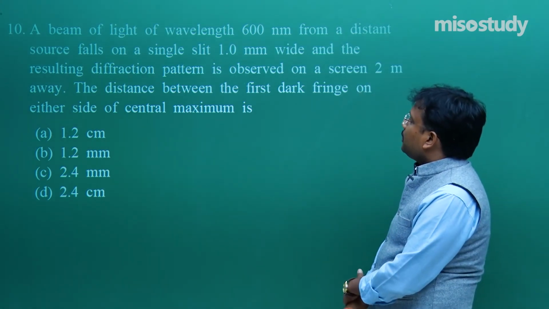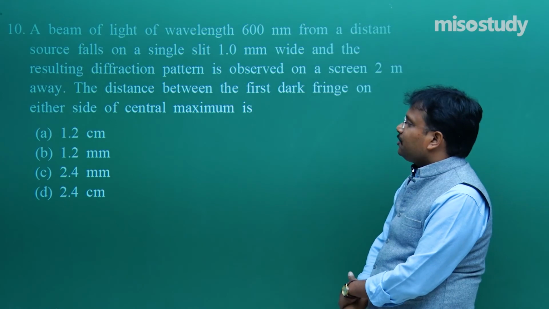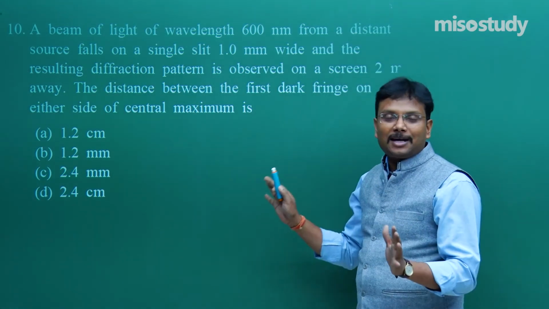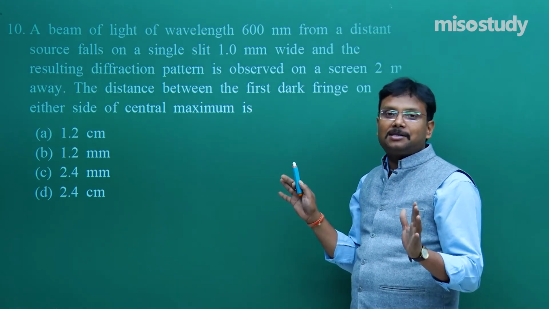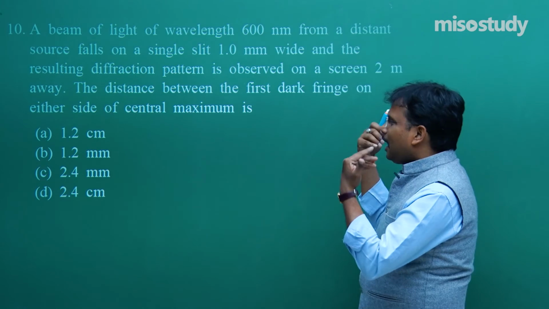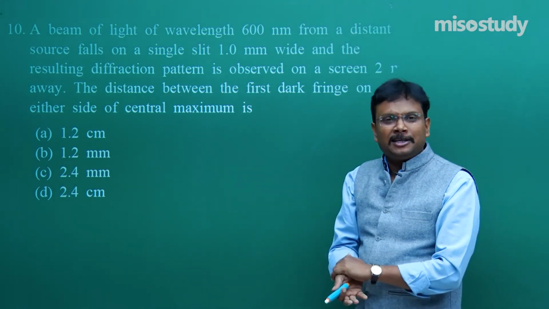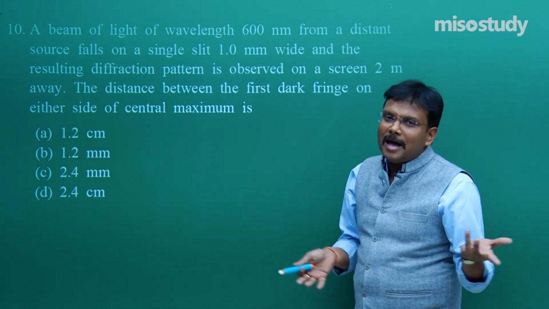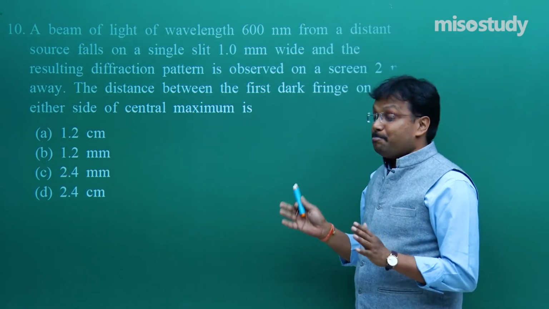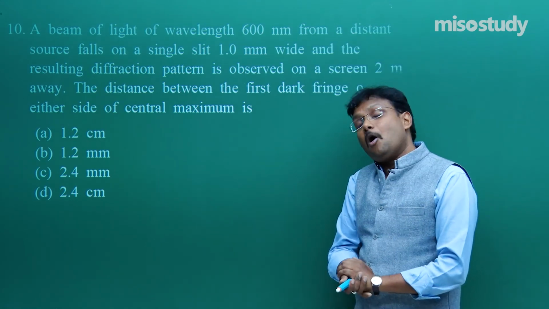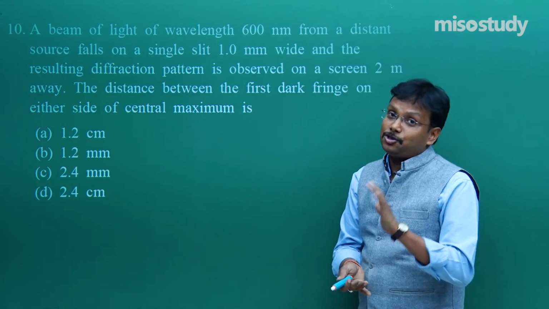The distance between the first dark fringe on either side of central maxima is? Directly diffraction concept based, formula oriented problem. Rather than going into details or explanations, mentioning the formula and putting in the values is more than enough. But if you do not have practice of the formula of this concept, obviously you are going to face some difficulty.